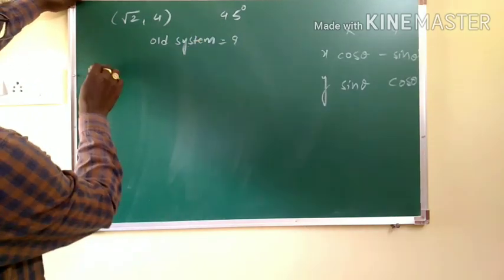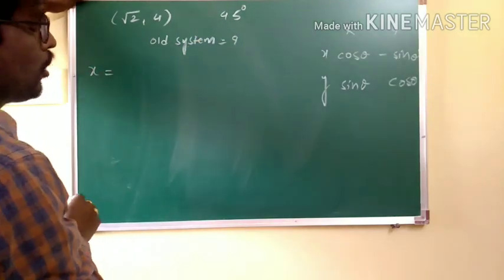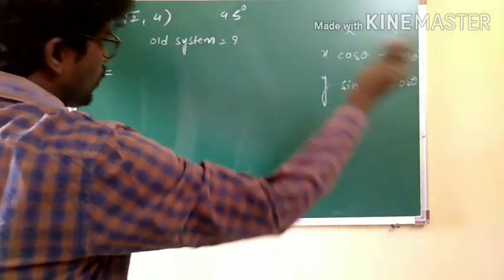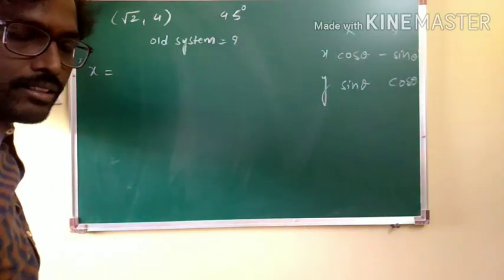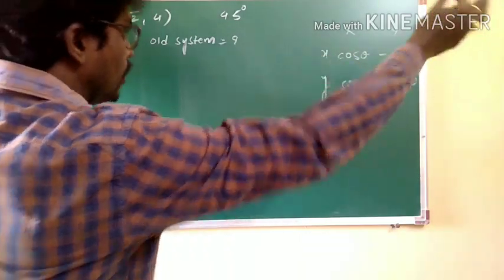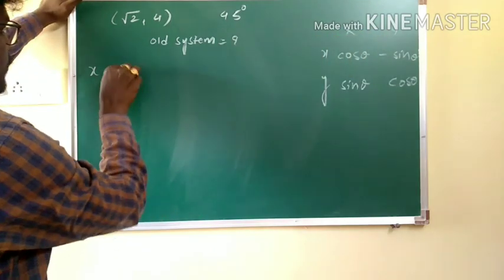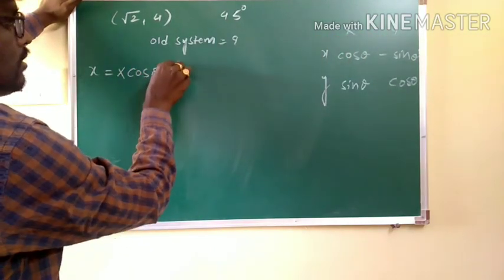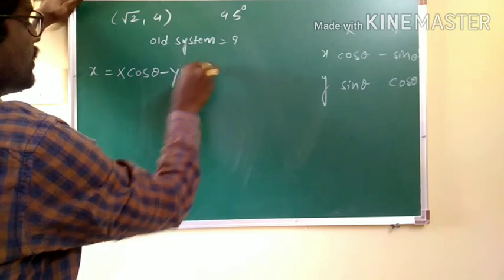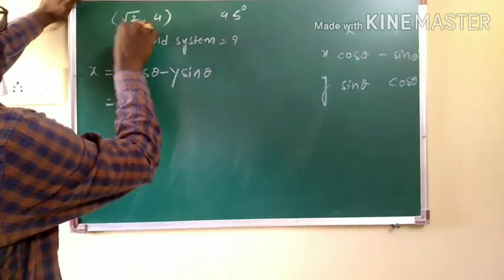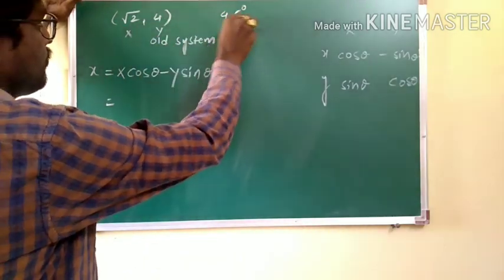In the old system, so we are talking about small x. What did I tell you? When you are taking small x, you are supposed to take horizontal, that is X cos theta minus Y sin theta. Substitute here capital X and capital Y, and the angle is 45 degrees.